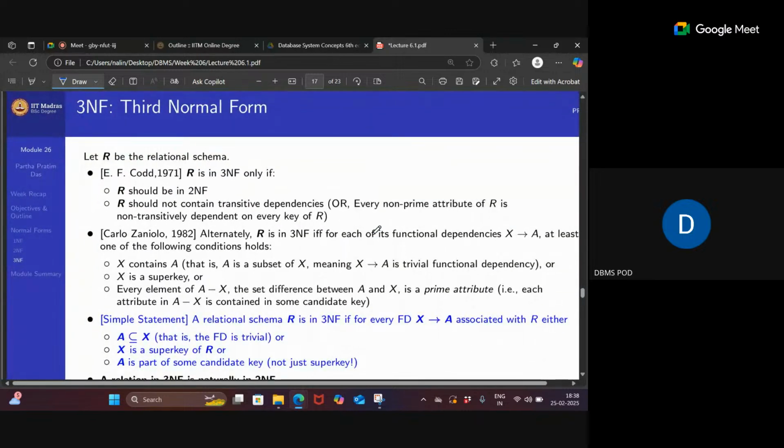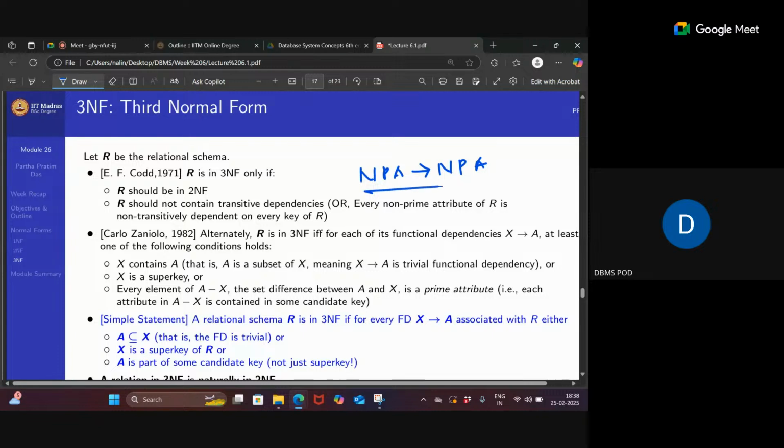Coming to the next normal form, the third normal form. Let R be a relation schema. R is in 3NF only if R is in 2NF and it does not contain any transitive dependencies, or every non-prime attribute of R is non-transitively dependent on every key of R. So there should not exist any transitive dependencies. What does transitive dependency mean? A non-prime attribute determining another non-prime attribute.